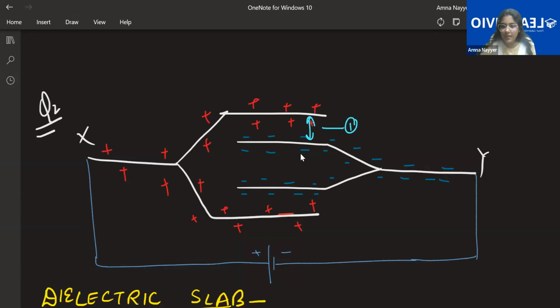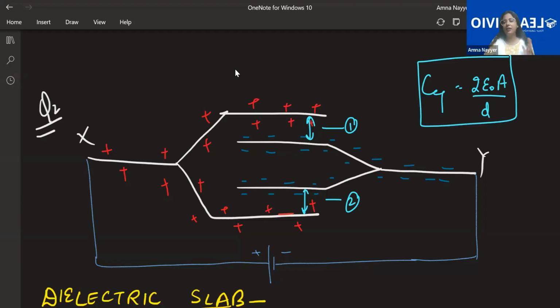Will this form a capacitor? Yes or no? What do you think? No, I think. No, it won't form, right? This won't form, because both of these are negative. Again, this will form. Only two capacitors are there. So C equivalent will be 2 epsilon naught A by d.